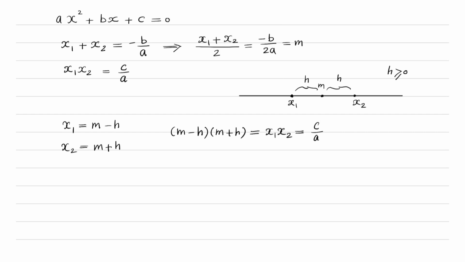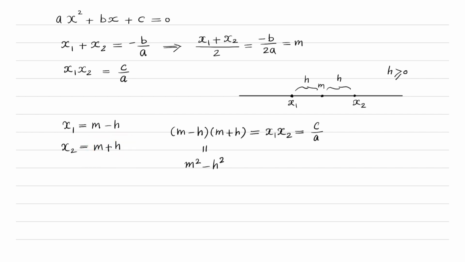Now, we know m, we know c, and we know a. Everything here is known except h. And m minus h times m plus h is m squared minus h squared. This is the conjugate identity. And from this equation, we can find h, and we can easily find x1 and x2, because if we know h, then we already know m, so x1 will be m minus h and x2 will be m plus h.